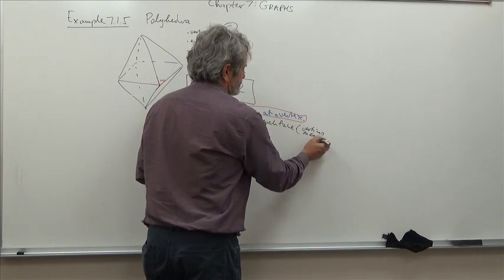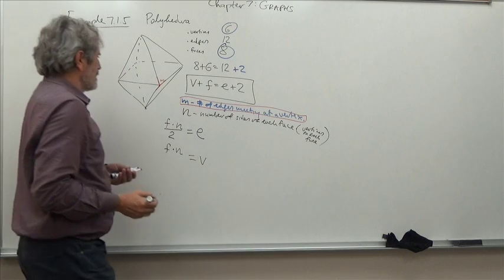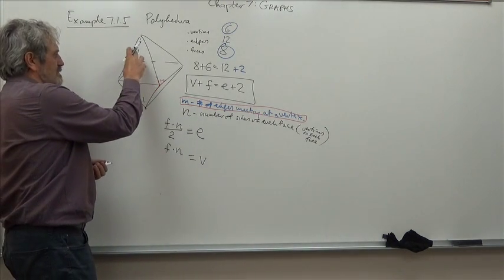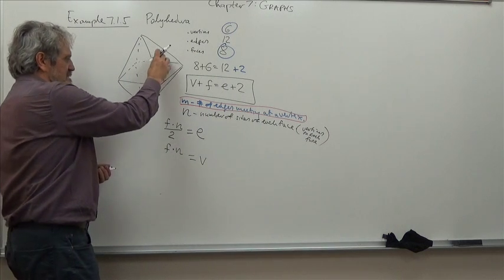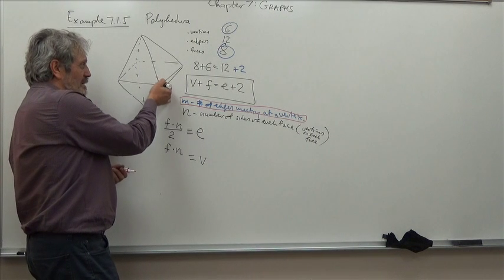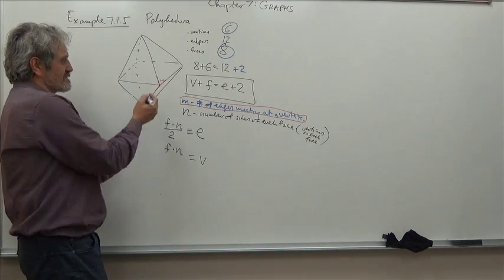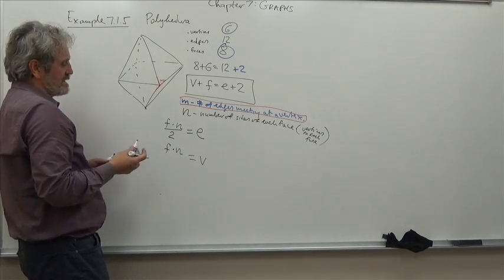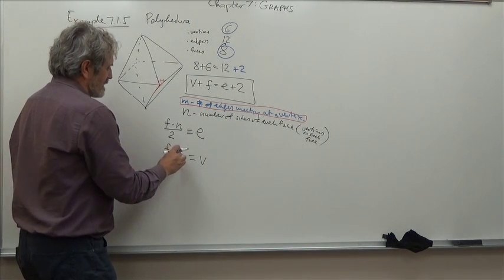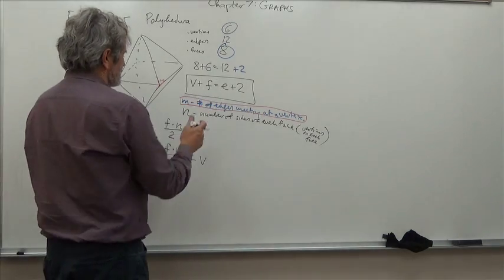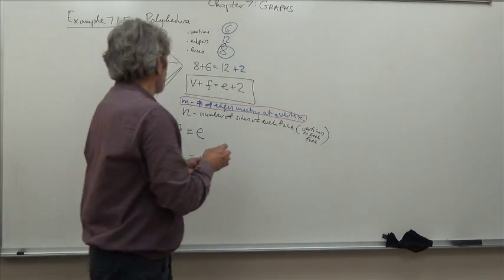If I go face by face and count N vertices here, N vertices here, N vertices here, I have F times N vertices, but then they are appearing M times, because each vertex is shared by several different faces, so I have to divide by M to get the number of vertices.